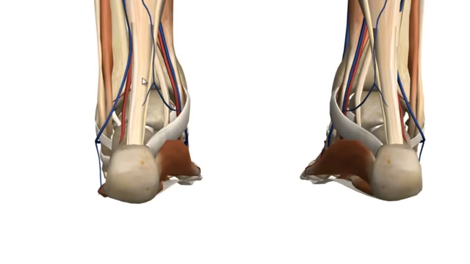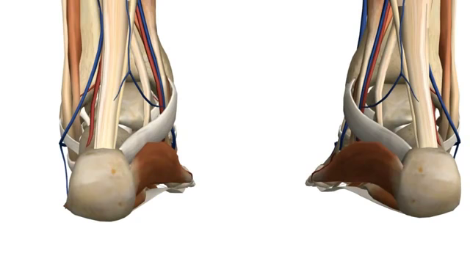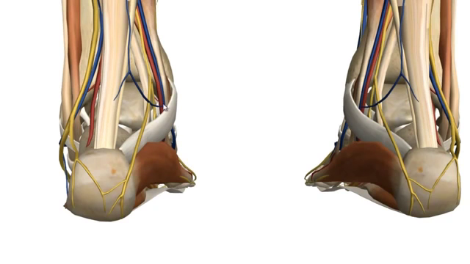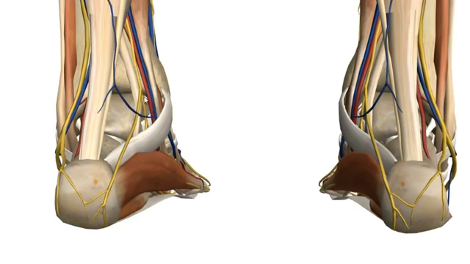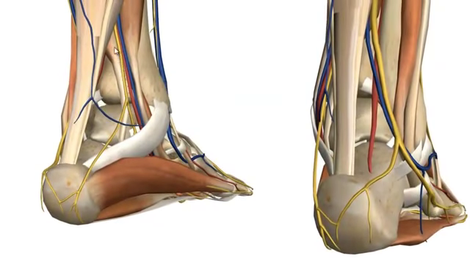In this region, you can actually palpate the posterior tibial pulse. The medial malleolus is easy to feel. It's this lump on the medial aspect of the ankle. If you just feel a little bit behind the medial malleolus, you can feel the posterior tibial pulse. We've also got the tibial nerve, which runs in the tarsal tunnel. And then finally we've got this tendon, which is the flexor hallucis longus tendon.